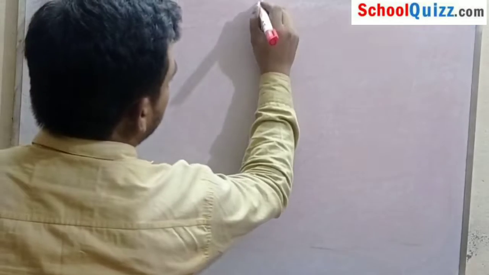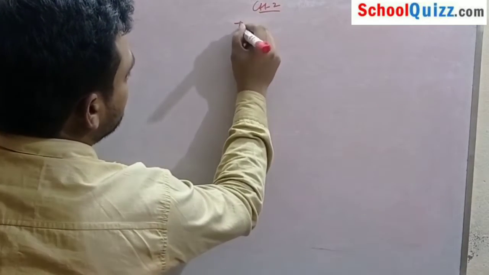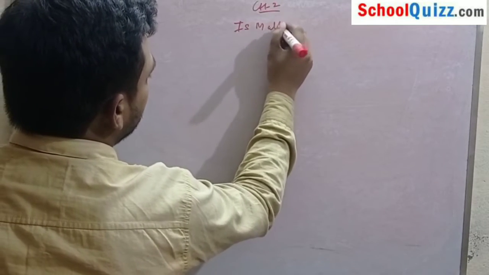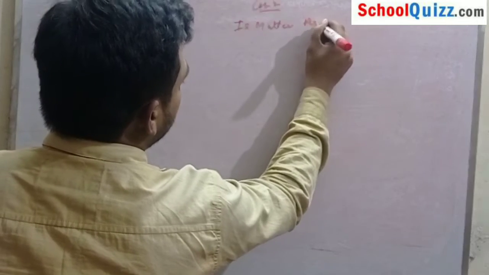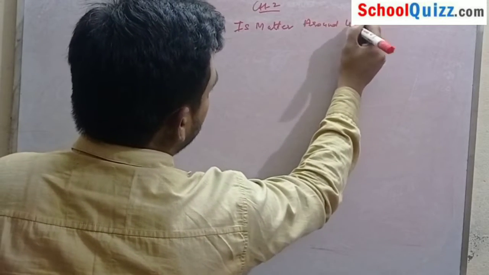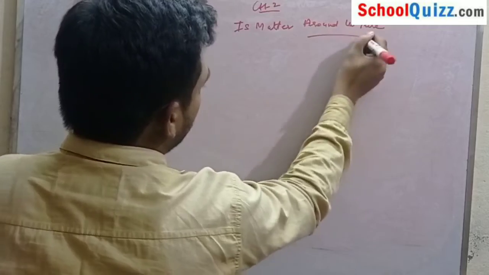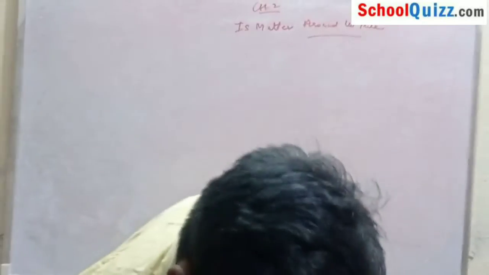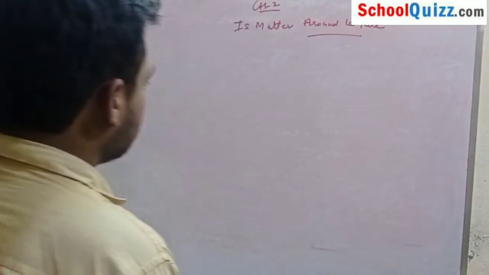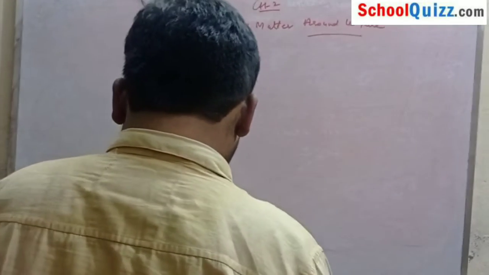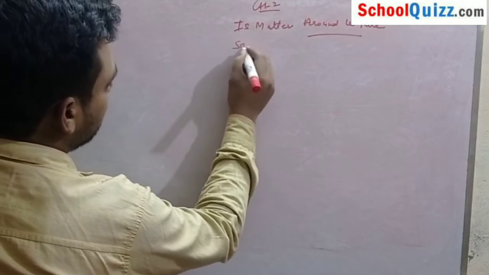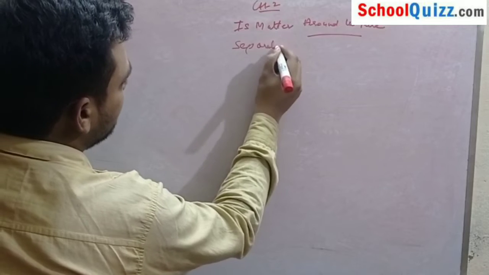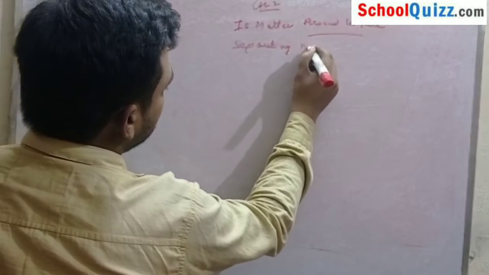Today's topic is separation by the technique of evaporation. Chapter number 2 is Matter Around Us Pure. But first of all we will discuss separating the components of a mixture.